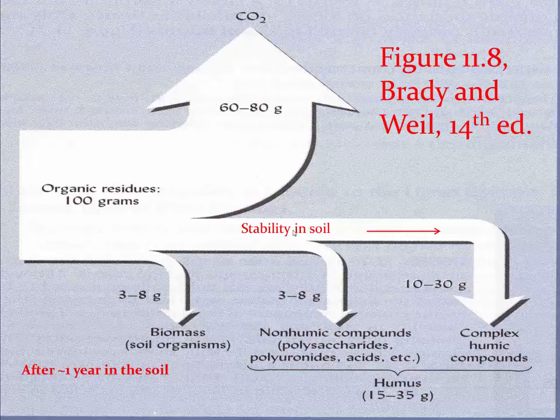The material that breaks down and becomes stable in the soil makes up the humus, and that's going to be 15 to 35% of the soil. Of that humus, I think we said 30% is easily broken down material that's not going to last very long, but the more complex material, the polyphenols, the lignin, and the biochar, is going to last a lot longer, and that makes up about 70%.